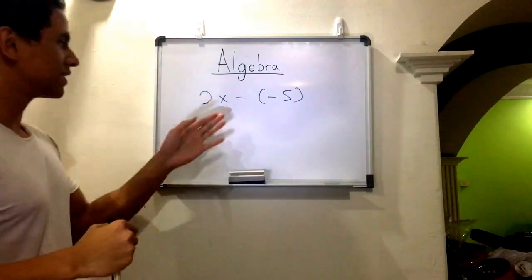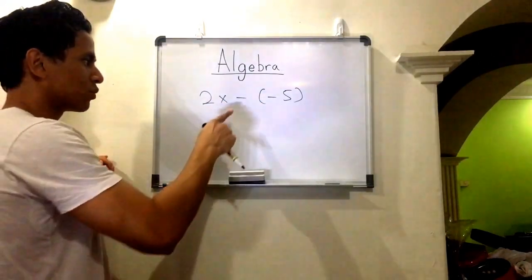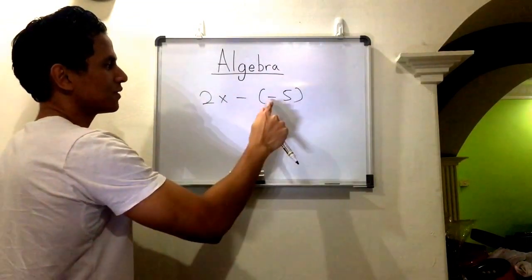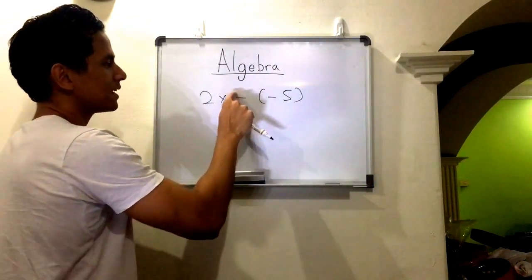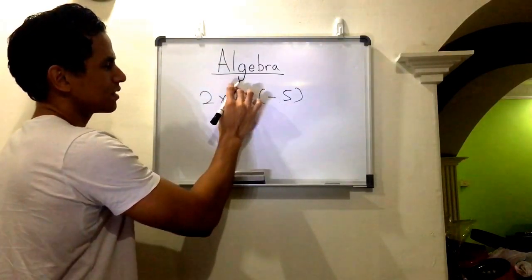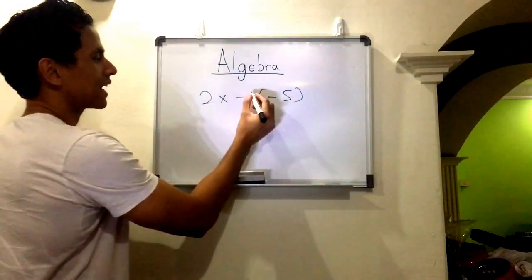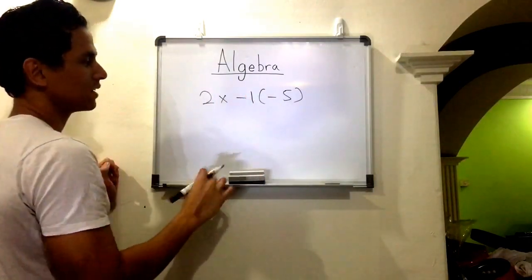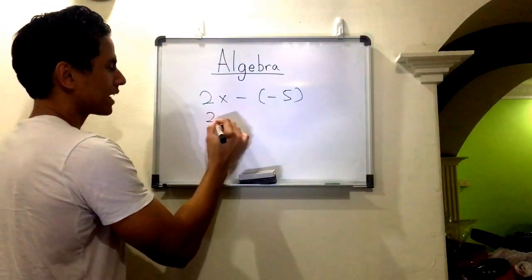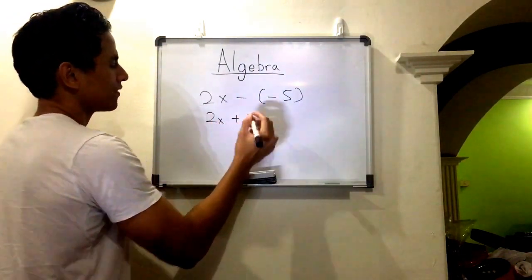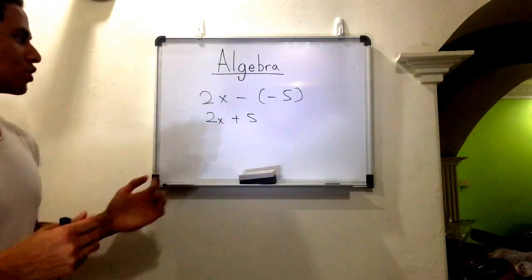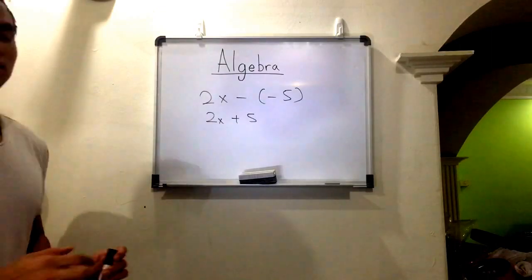So if there's a minus sign outside the bracket, we have to multiply the minus sign with this minus 5. This minus here is akin to having an invisible negative 1 here. So this simply will become 2x plus 5. So we have simplified it as such. So 2x plus 5 would be the answer.